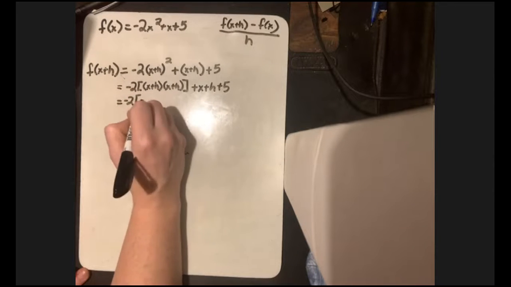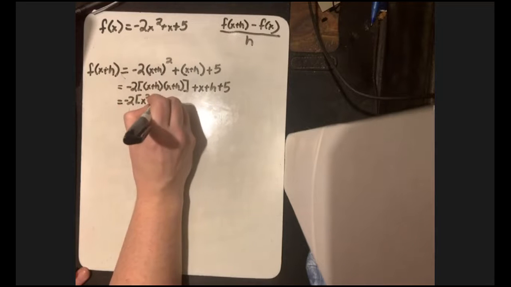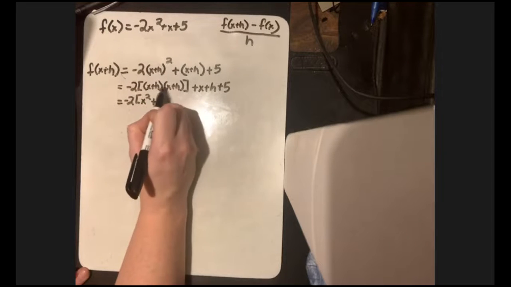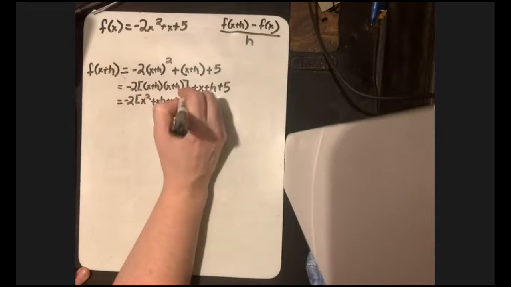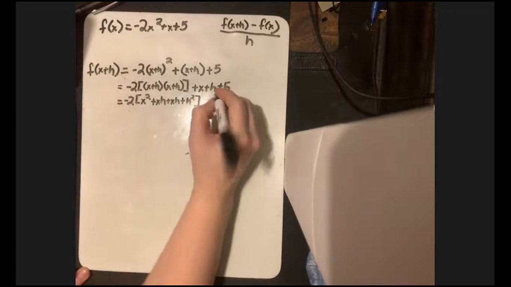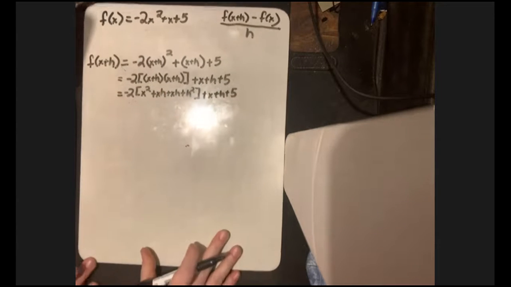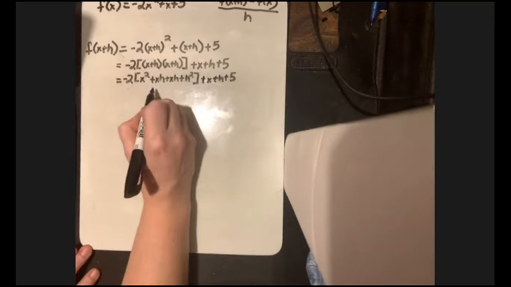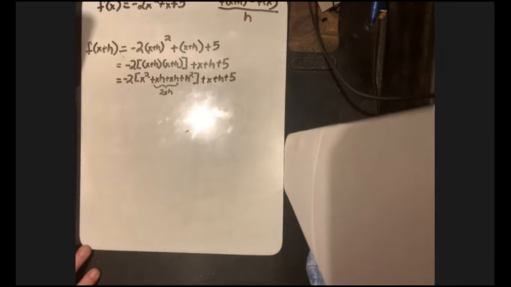I'm going to get an x times x, so that's an x squared. X times h is xh. H times x is also xh. And then h times h is h squared. We can close those brackets. And I've still got all of this that was on the end. And this combined is going to be 2xh, okay?